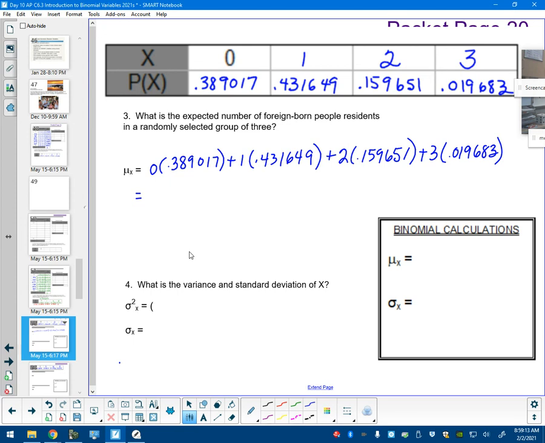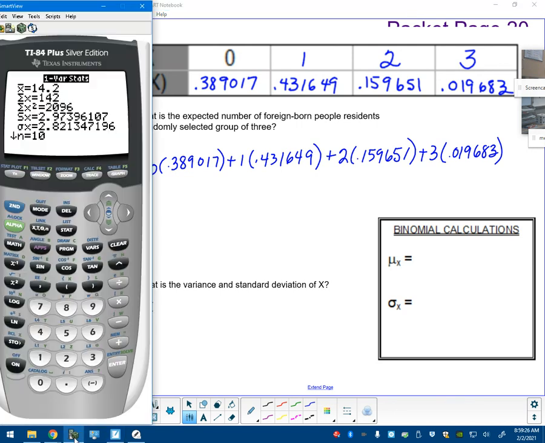my question is, how many foreigners would I expect to get in that? So I think we can all try that one. I could put it into that other formula, but it would certainly make the standard deviation easier.